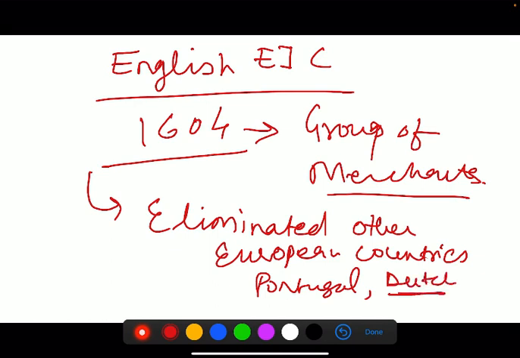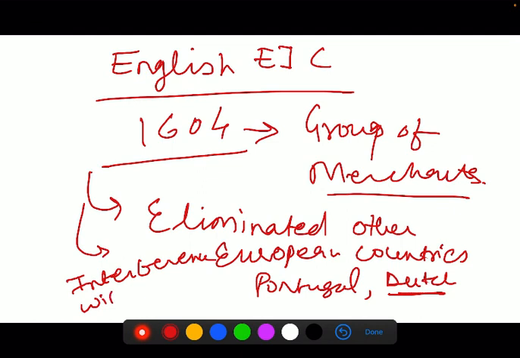Eliminated not at that exact point of time, but they started weakening them, and then they interfered with Indian rulers. So we will discuss this in detail.